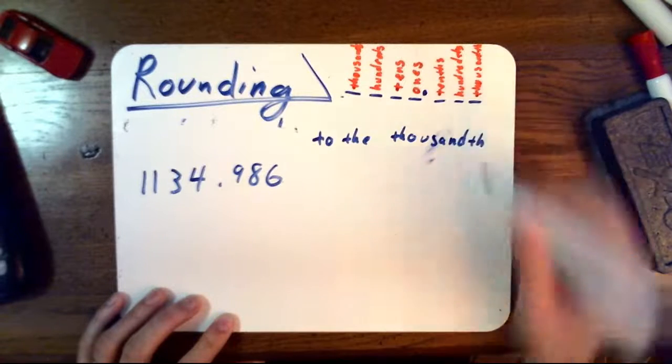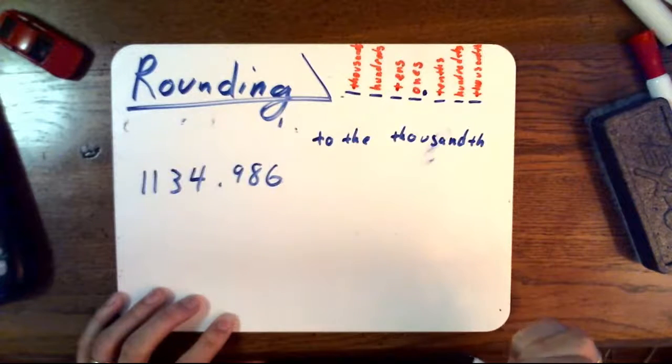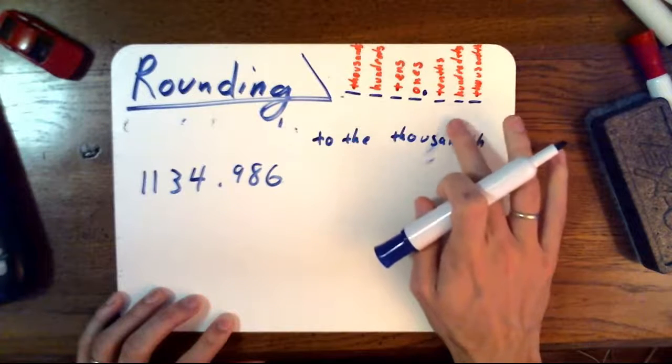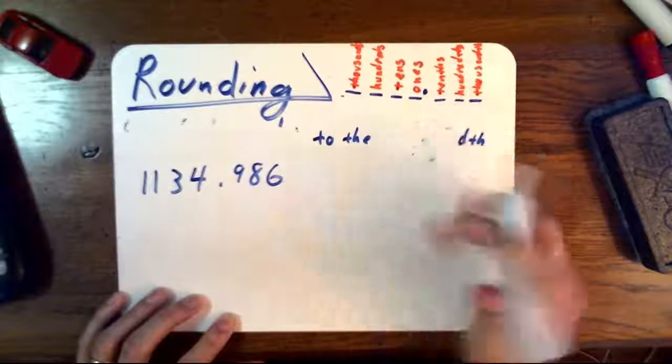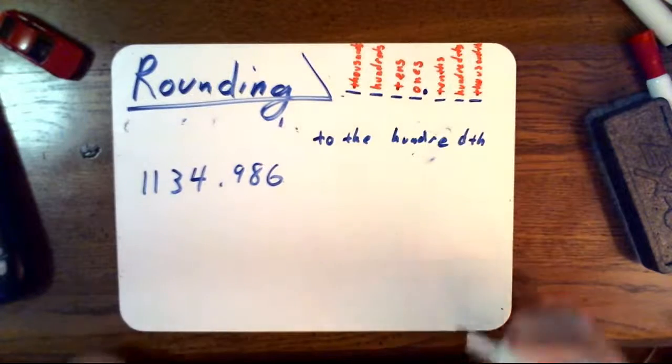Let's add another number up front here. Actually, let's round to the hundredth instead. Round to the hundredth.